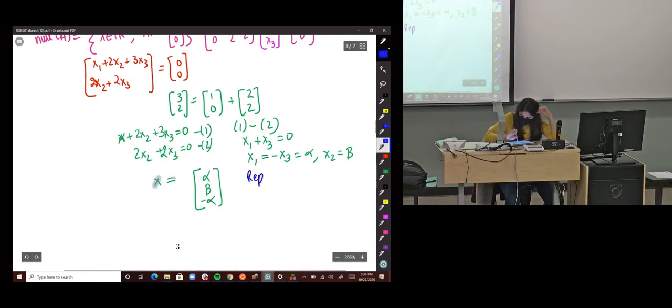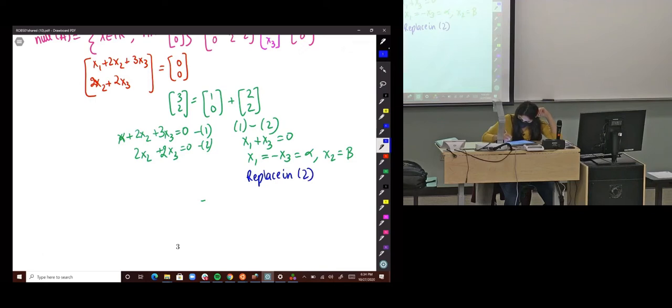Replace in 2, and you get x2 also equals minus x3.